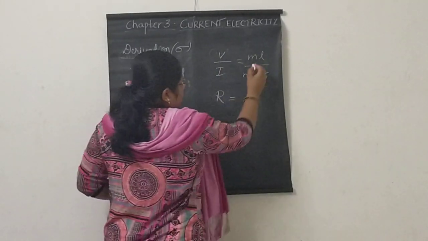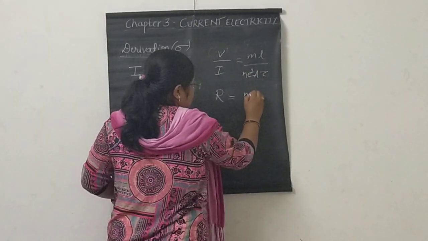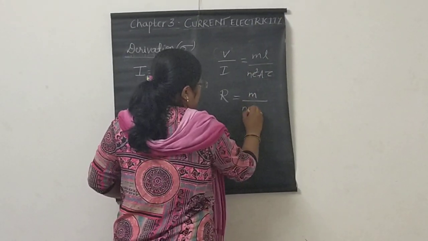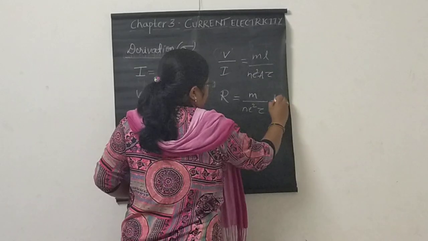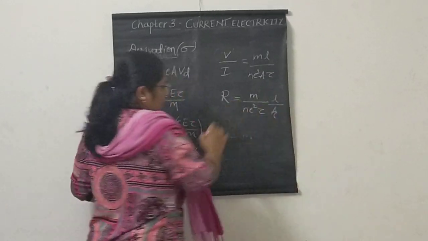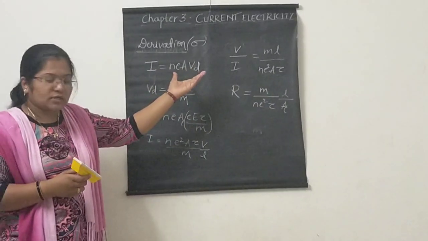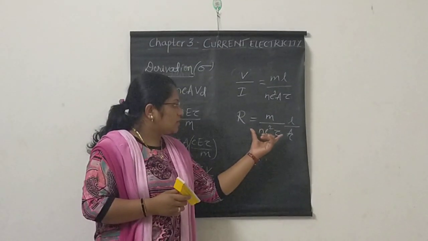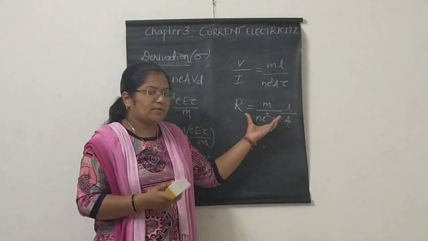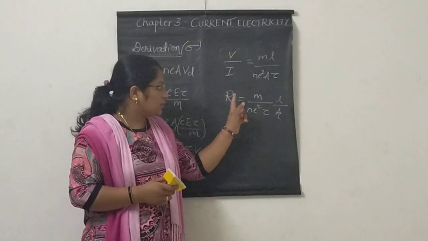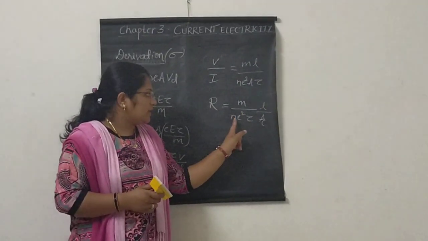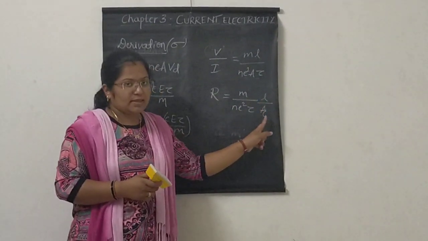Now I'll just adjust the terms: n e square tau into L divided by A. Just rearrange the terms. Have you seen this expression before? So see here, R is equal to m divided by n e square tau into L by A.